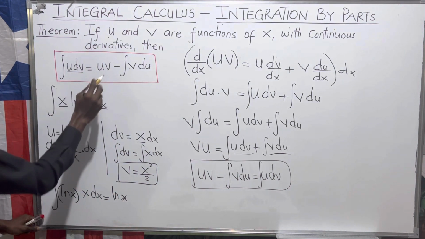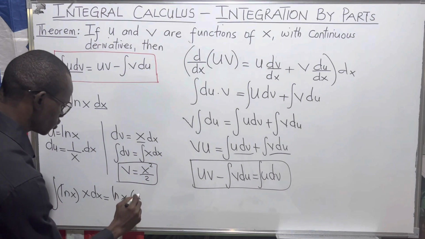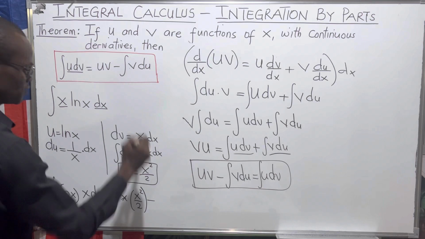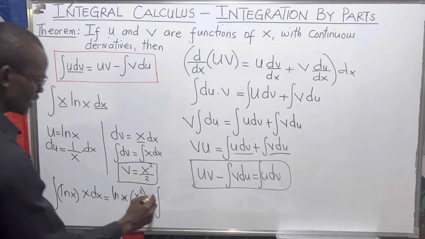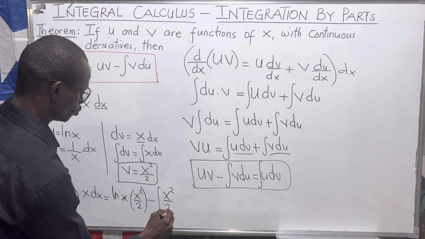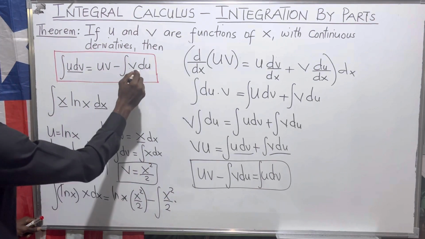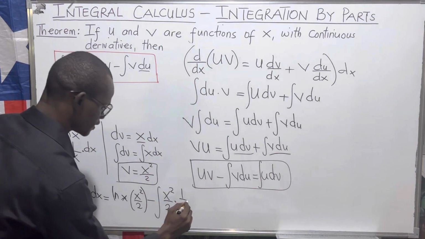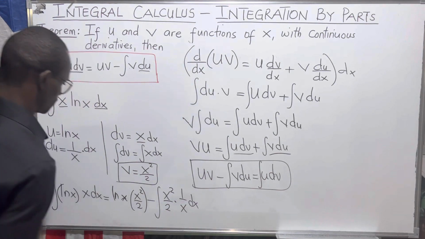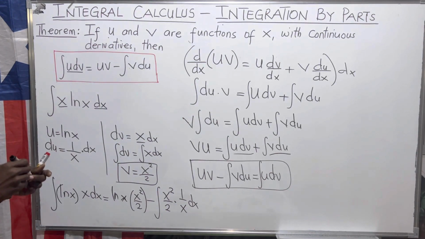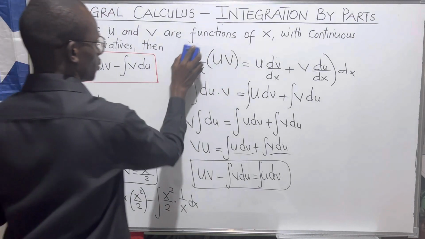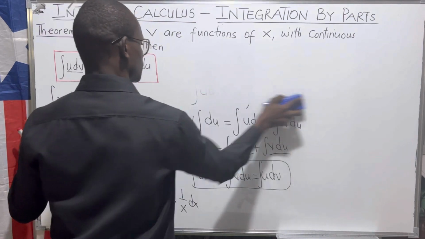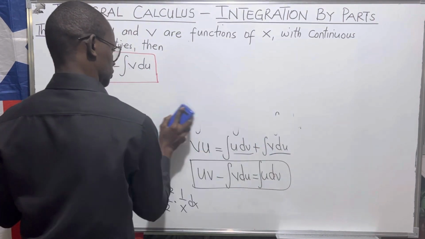What is v? v is x squared over 2, times du, which is 1 over x dx. So that's how simple it is.